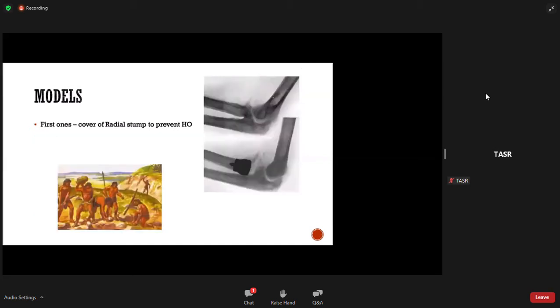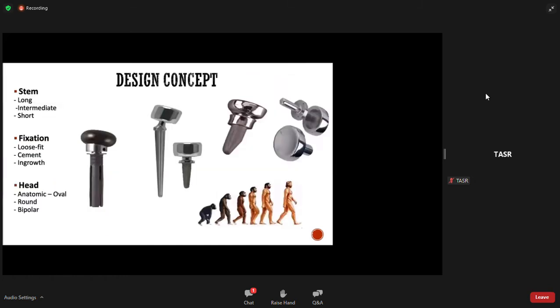There are several models you can use in terms of prostheses. The first ones were just covers of the radial stump to prevent heterotopic ossifications. The more we go on, the more there are several designs that can be different in terms of stem: long, intermediate, short.